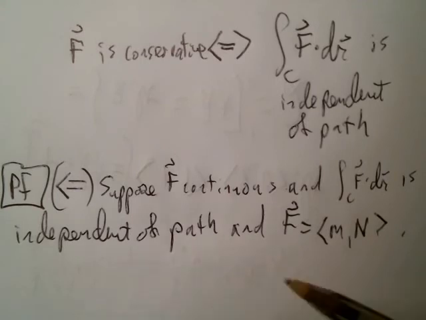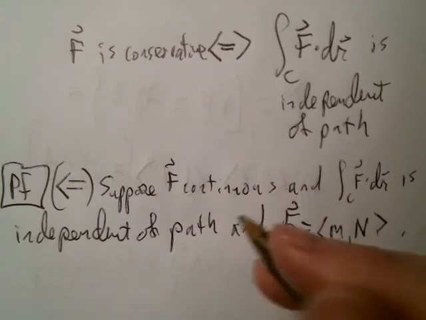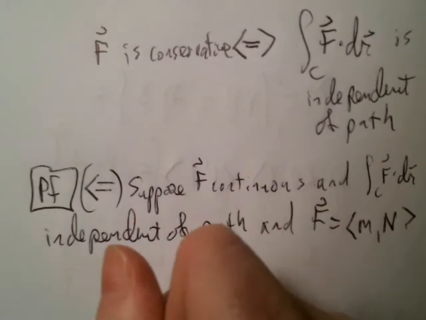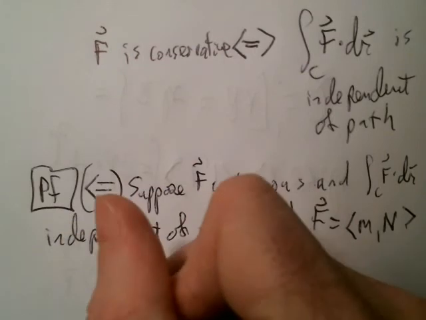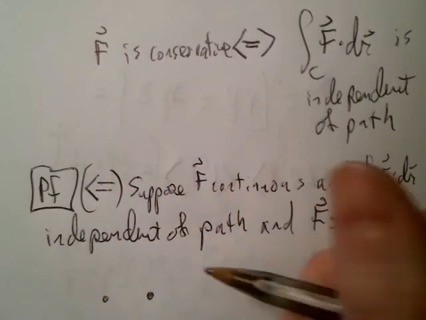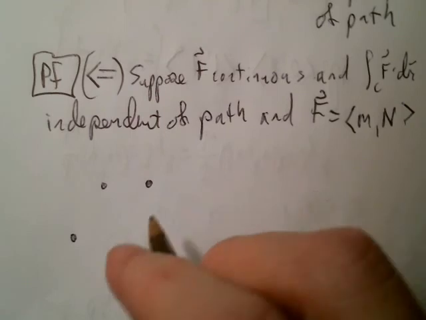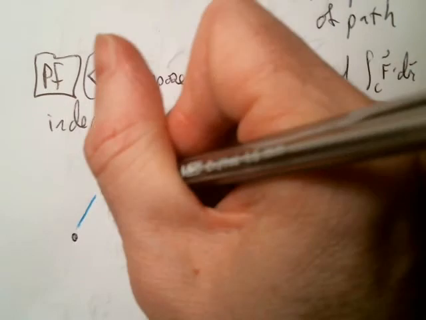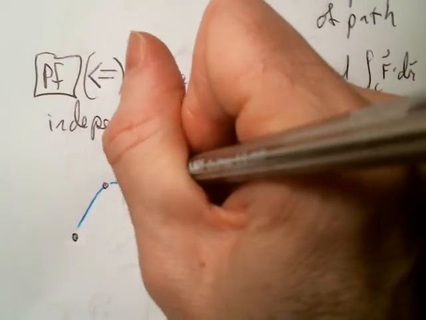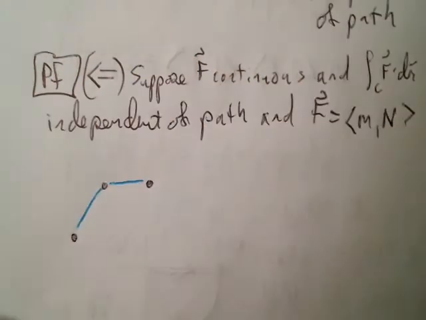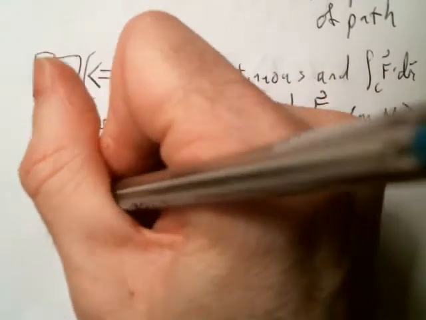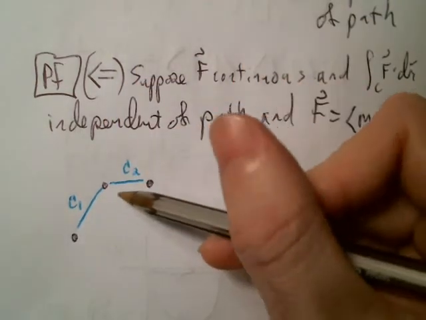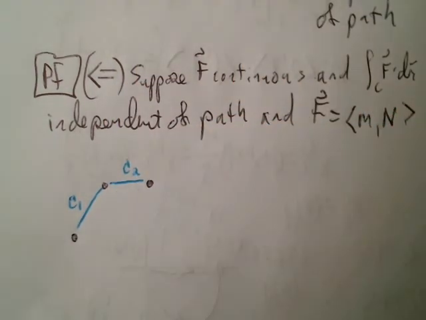Then we need a picture here. So we're in some region where this F is continuous, and we're going to consider this kind of diagram here. There's going to be two parts of this. We need two paths: we have this path C1, and then this other path C2, and C2 is supposed to be horizontal.